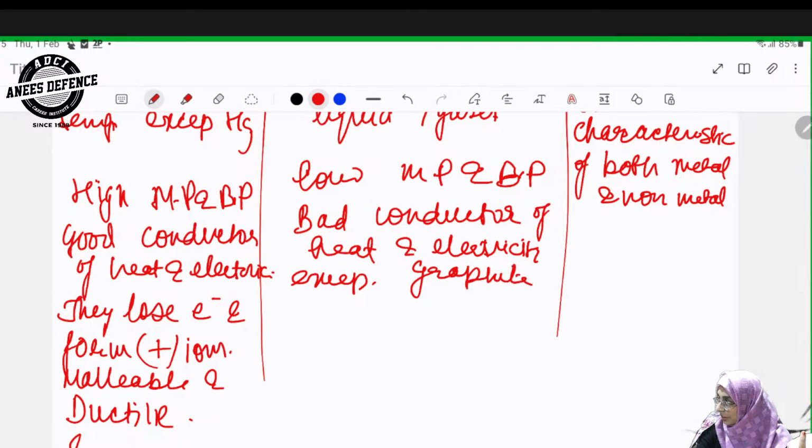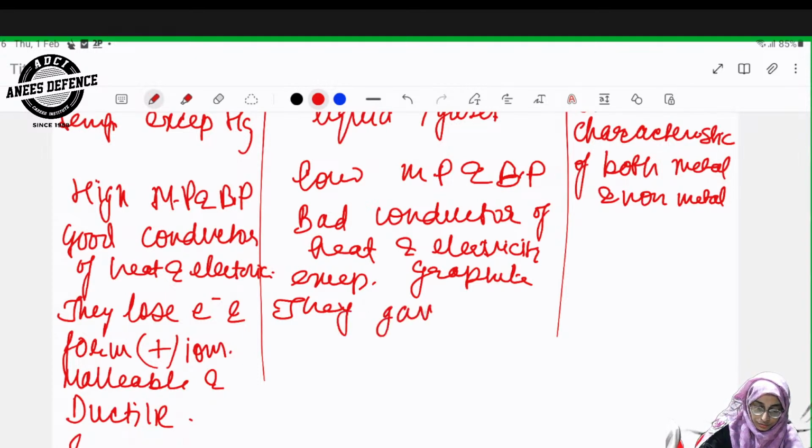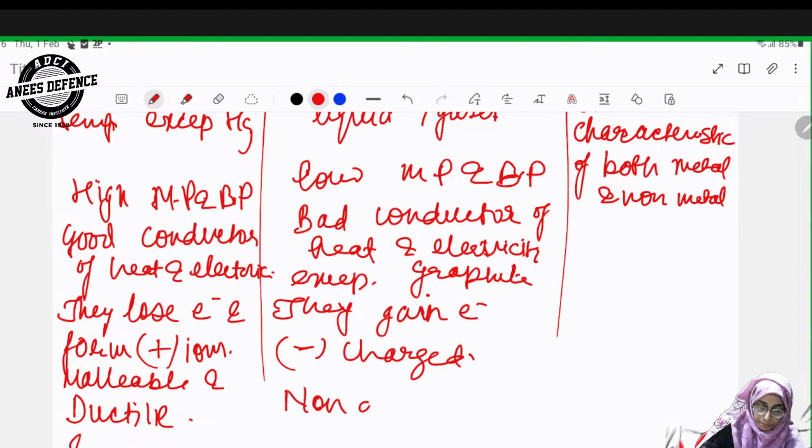Graphite is an allotrope of carbon, but it is a good conductor of electricity. Non-metals generally gain electrons and become negatively charged. They are non-ductile, non-malleable, non-sonorous.